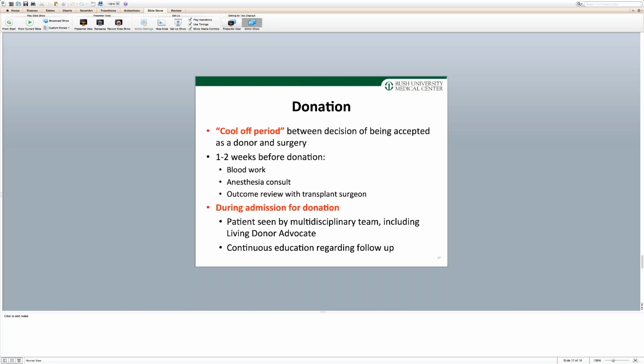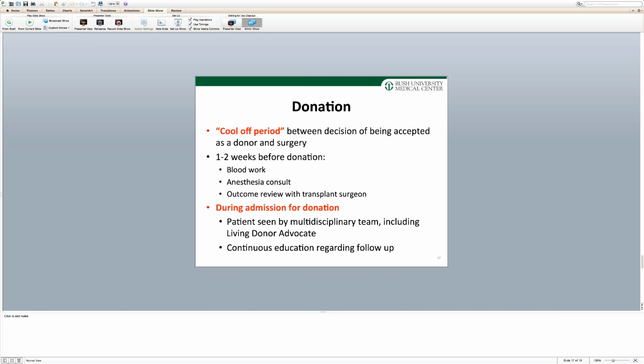One to two weeks before donation, the patient is scheduled again in the transplant clinic, will have the blood work repeated, will meet with anesthesia and consent for anesthesia, and will also meet with the transplant surgeon to review one more time the outcome of adult-to-adult liver transplantation in the respective center.